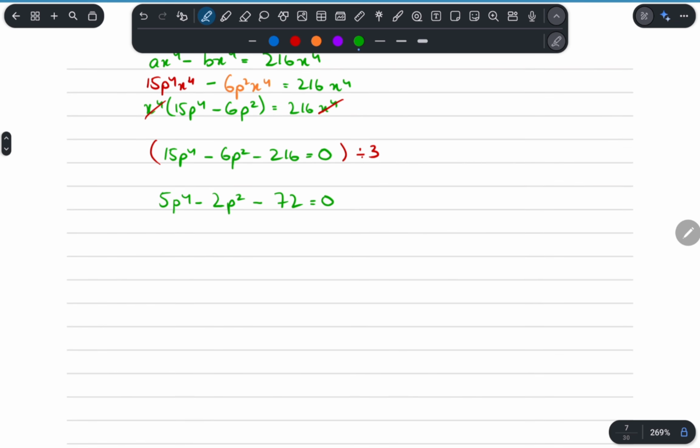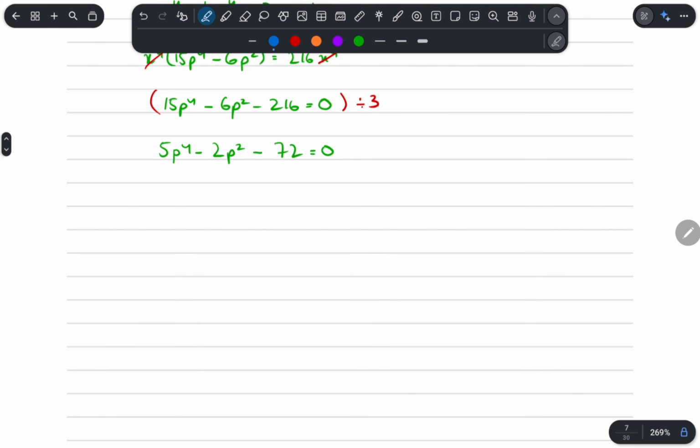Now, if you look at this, we have p squared and p to the power 4, which is basically a disguised quadratic. If you are smart enough, if you are brave enough, you can solve this as a disguised quadratic, but we'll take a smarter approach and we'll introduce a substitution.